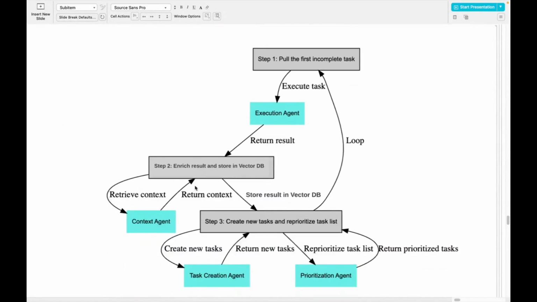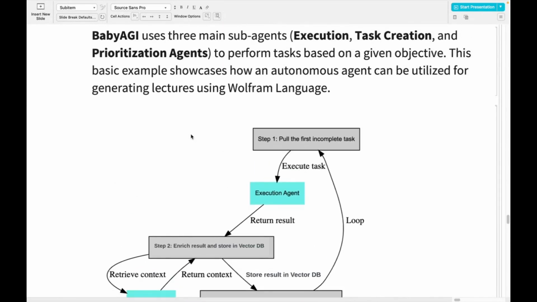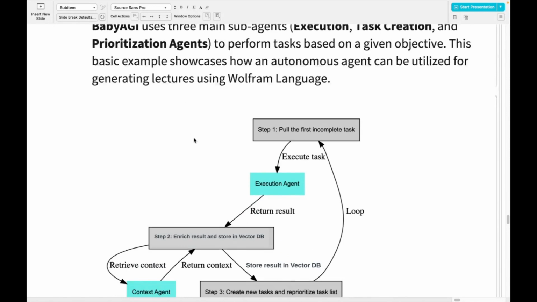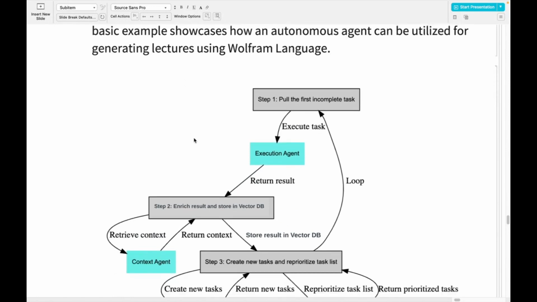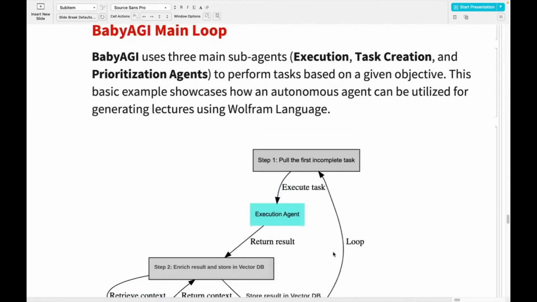And the idea of BabyAGI is that there are different sub-agents within it. The human will start by adding a goal, an objective, and from there BabyAGI will start creating new tasks for the main goal. Then you will have an execution agent for the first task on the list.